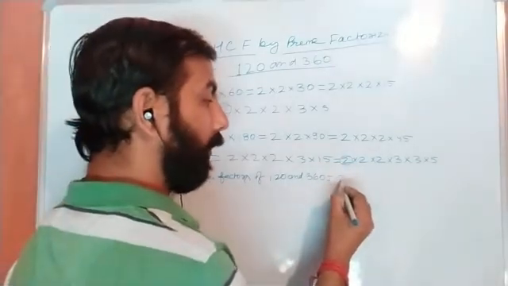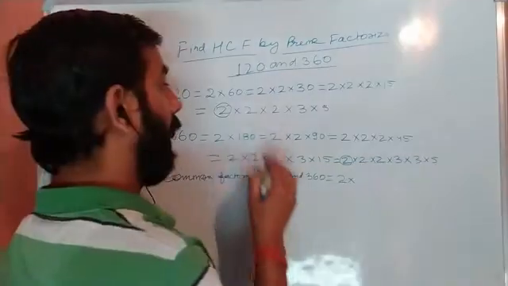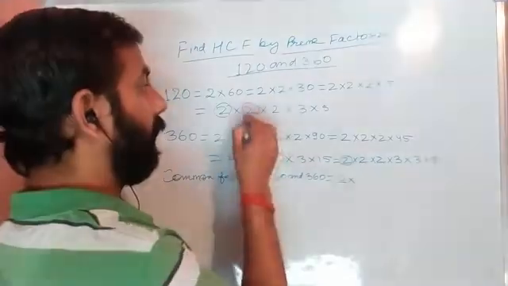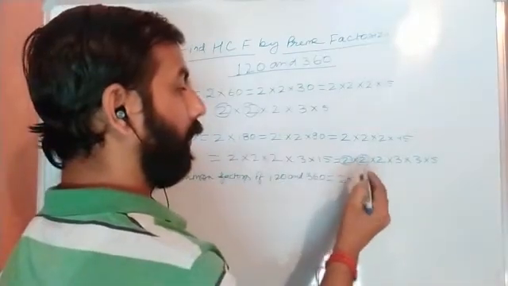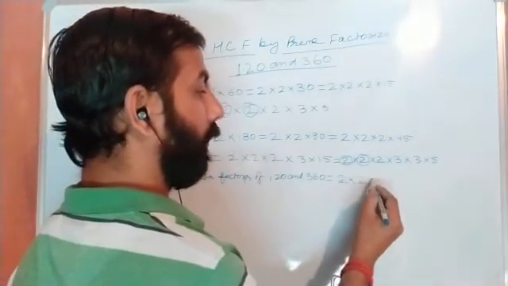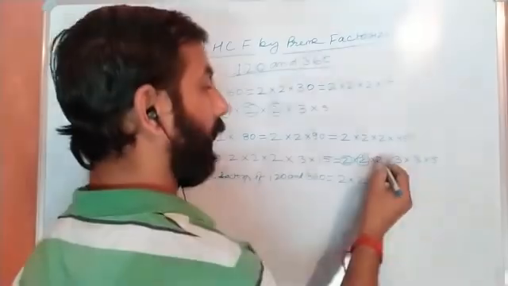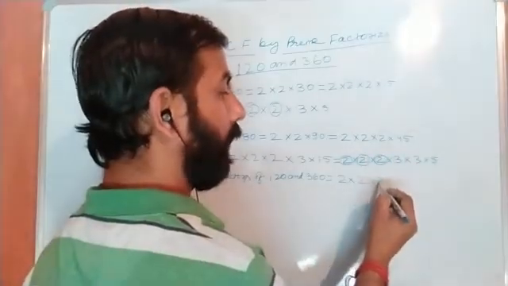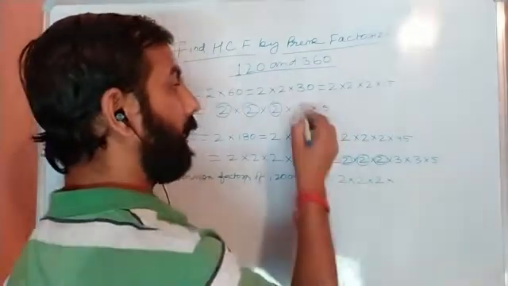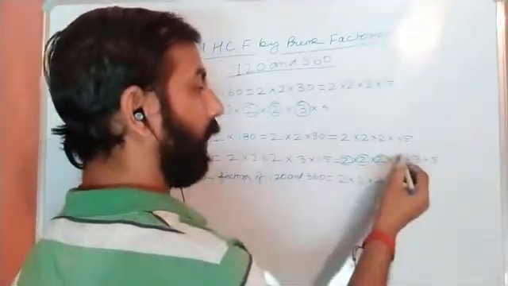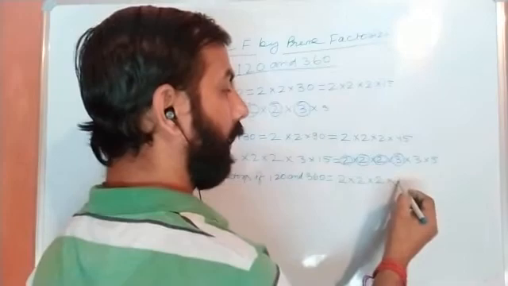So we will write 2 one time. Again we will find 2, so we will write it for one time. For the next prime number, 2, here is also 2, so we will write 2. Here is 3, here is also 3, so we will write 3.